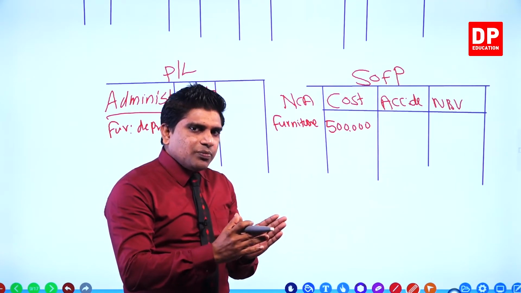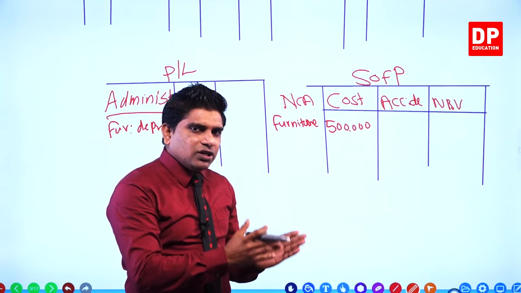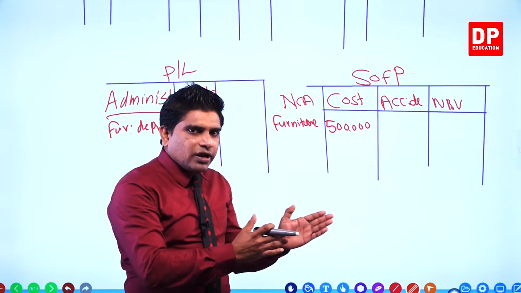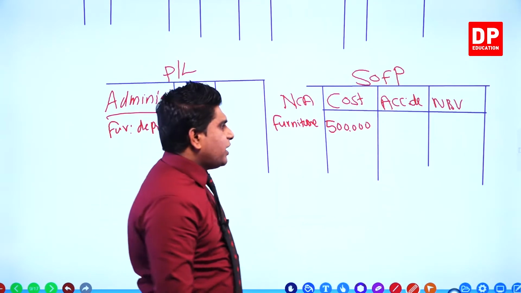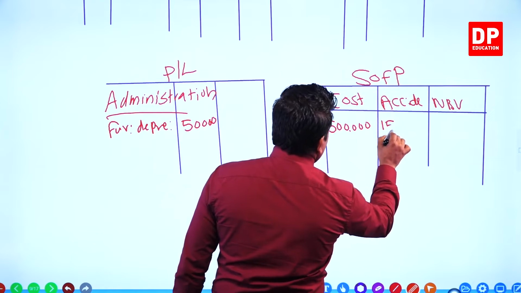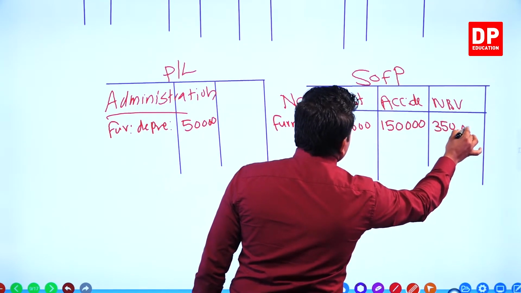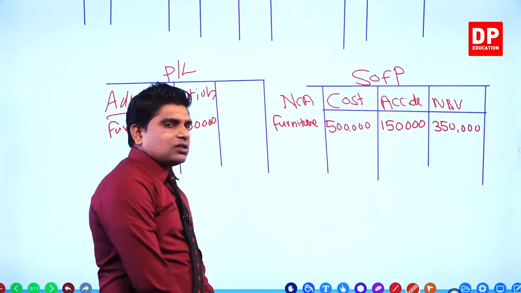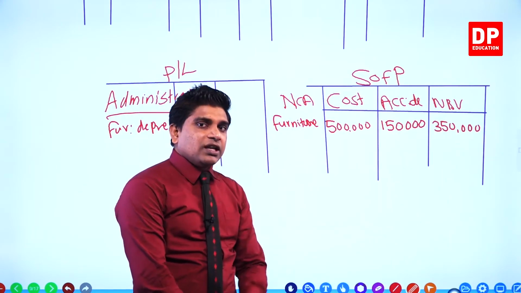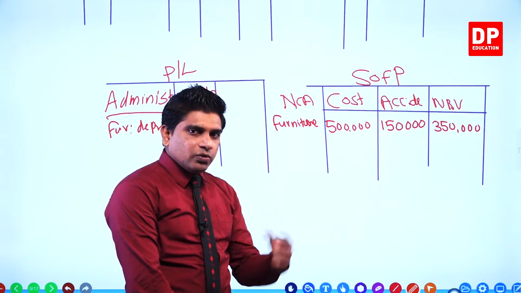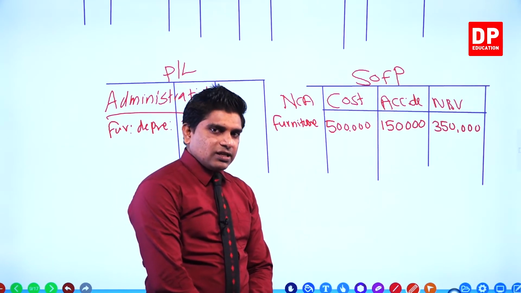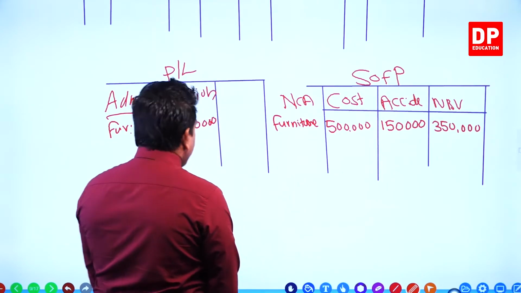Before we record this year's depreciation, it had only 100,000. This year 50,000 is recorded. Now it becomes how much? 150,000. Then the net value is 350,000. That is the way. This is the point I explained in the previous activity. Now you experienced it here, right? Now you go to the next one.